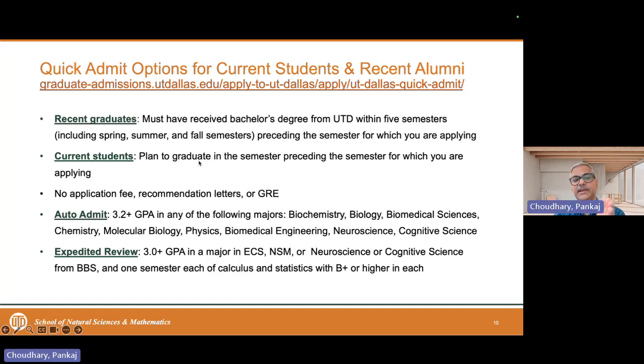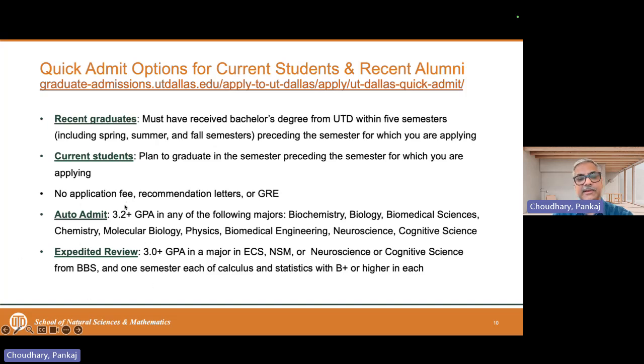And for current students, you must receive the degree in the semester preceding the one for which you are applying. So there are some eligibility requirements, but the nice thing is that if you meet them, you are on a quick admit path, and you don't have to pay an application fee. You don't need recommendation letters, and of course, you don't need to take the GRE. Now, this quick admit comes in two flavors. One is called auto admit, and the other is called expedited review.